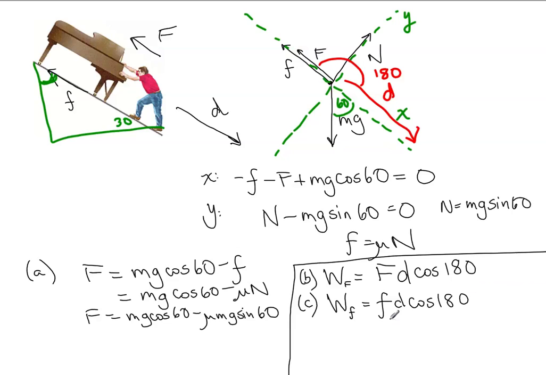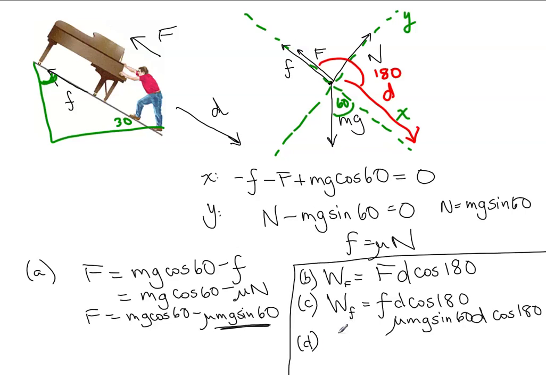And I know that the friction force is equal to mu mg sine 60, this thing right here, right? So this is mu mg sine 60 times the displacement times the cosine of 180, which is just minus 1, that part.